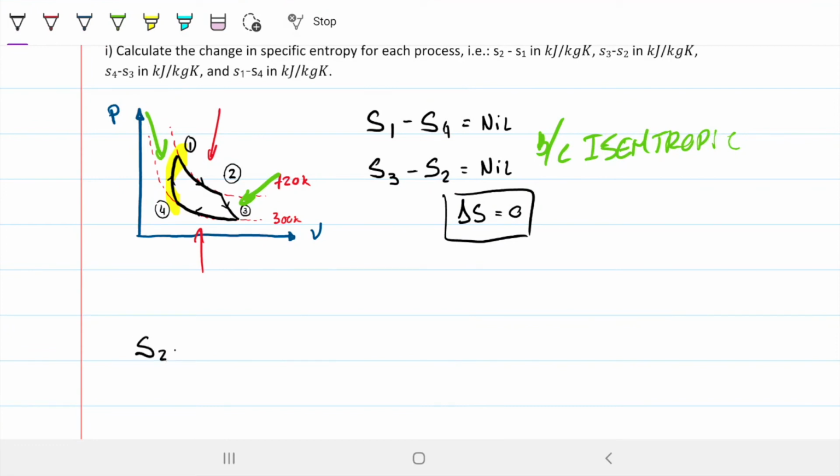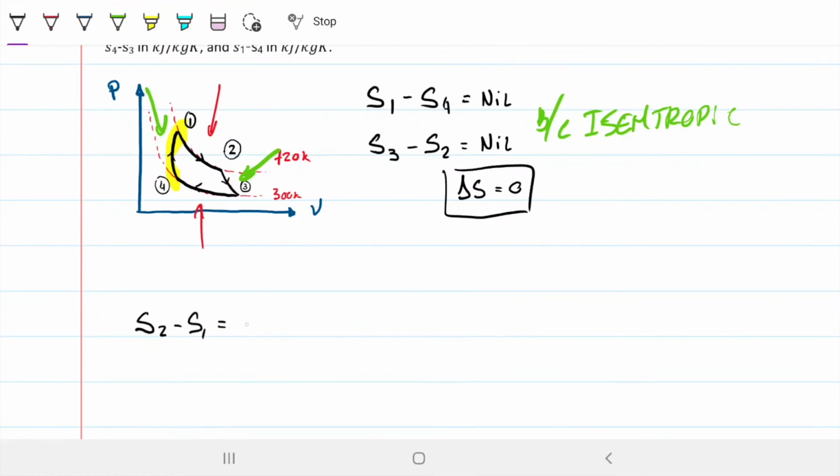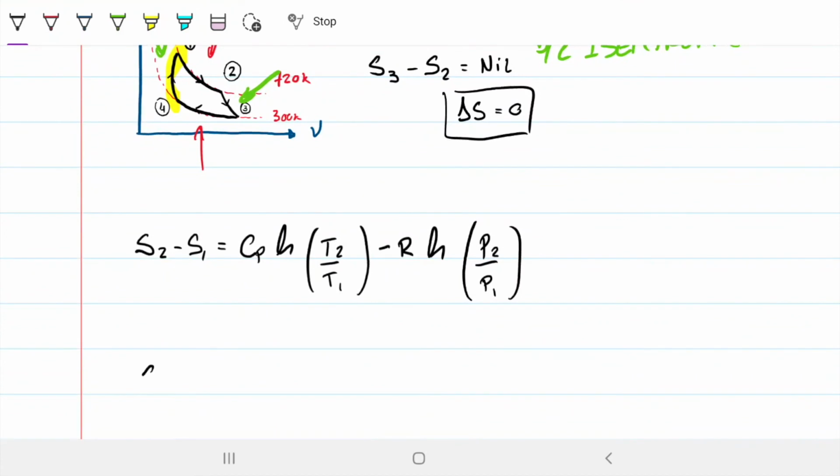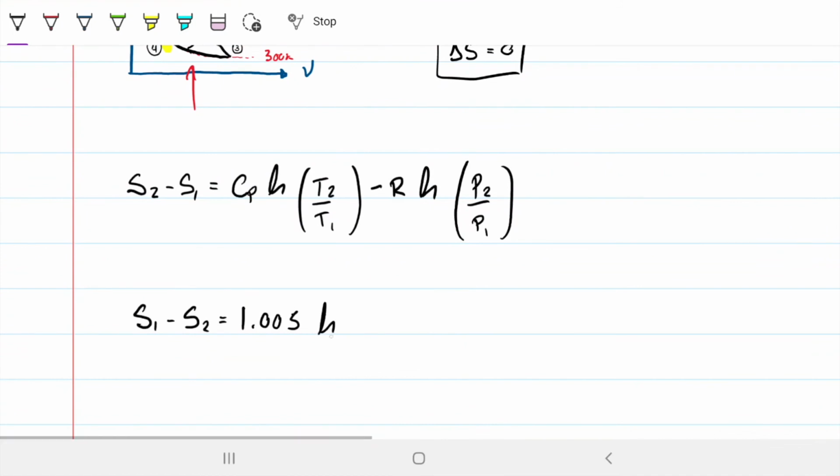So if I do S2 minus S1, because this is an ideal gas and we have constant CPs, then we can do CP natural log of final over initial minus R natural log of final over initial. We have everything we need, so let's just solve this fella. 1.005 natural log of, it's an isotherm, so natural log of the same thing. What's the first one? 720.